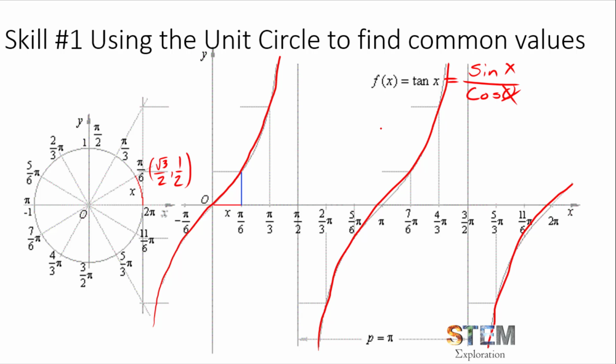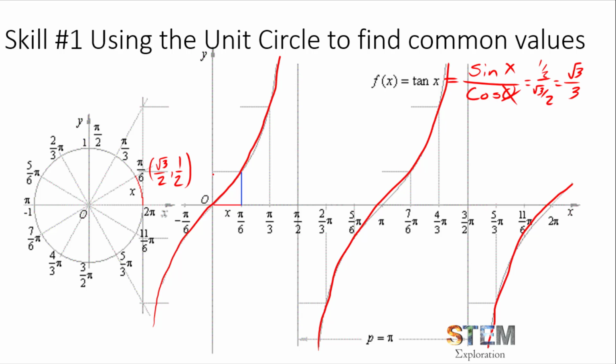So the tangent of pi over 6 is 1/2 over the square root of 3 over 2, and if you simplify all that out, it's equal to the square root of 3 over 3.